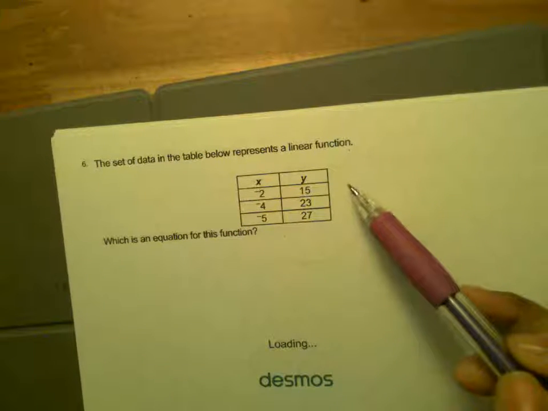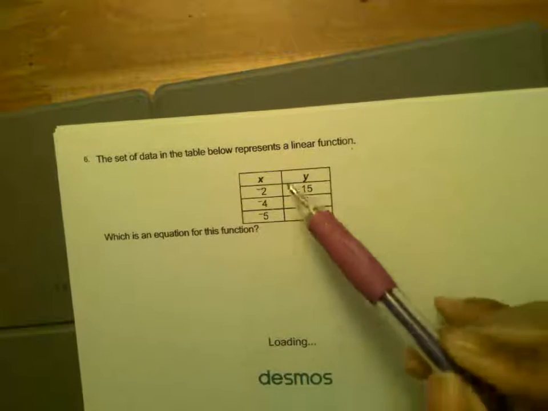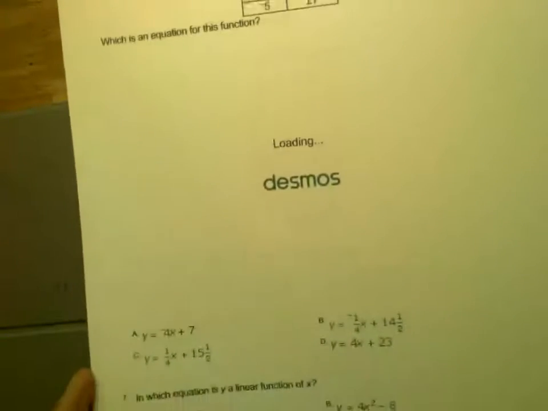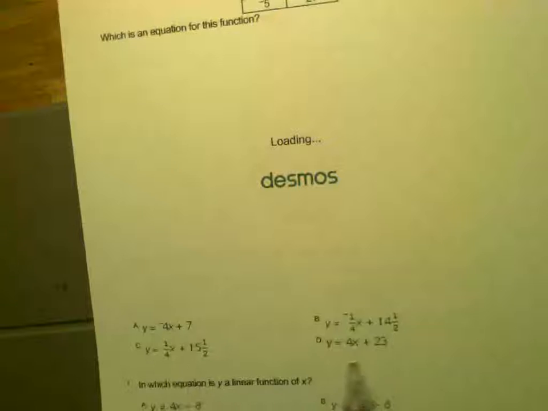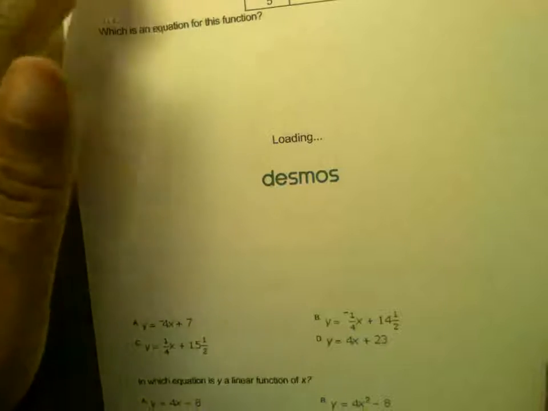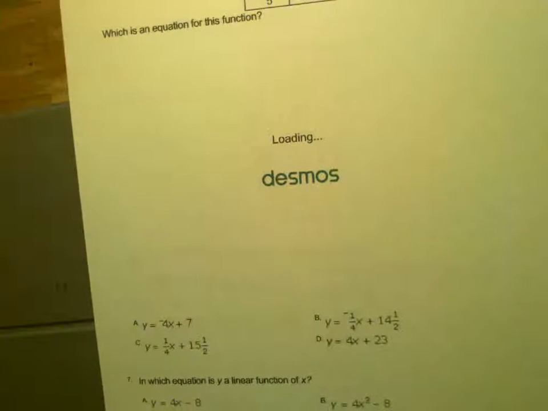All right, you can use the slope formula, or you can graph these points by using the calculator that they give you. And then these are the equations here. Okay, don't forget you can use the slope formula to do that. Okay, and the slope formula should give you the answer because all of these slopes are different.